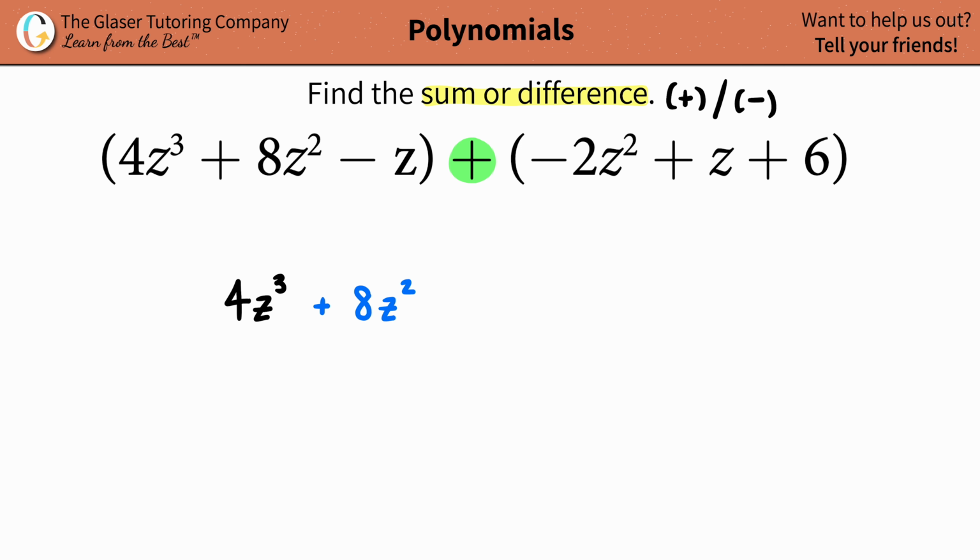squared. And now I have a negative z. Please pay attention to the minus sign. This is going to come in handy when we're actually doing the addition or the subtraction. So we're going to say minus z. And now this is plus.